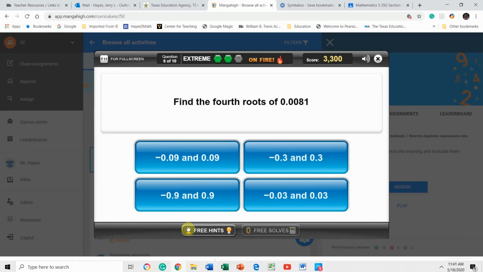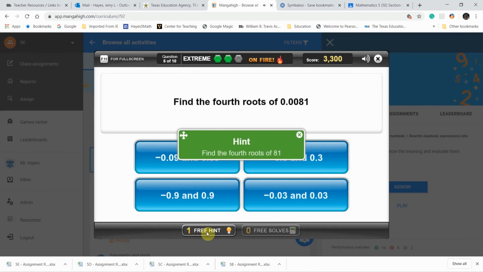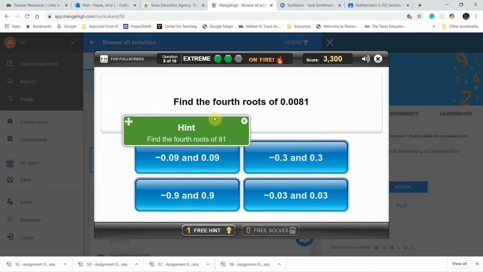Let's get a hint. Find the fourth roots of 81, which we know is 3, right? So we know it's going to be one of these two. And so if I do 0.3 times 0.3 times 0.3 times 0.3, that gives me 0.0081.